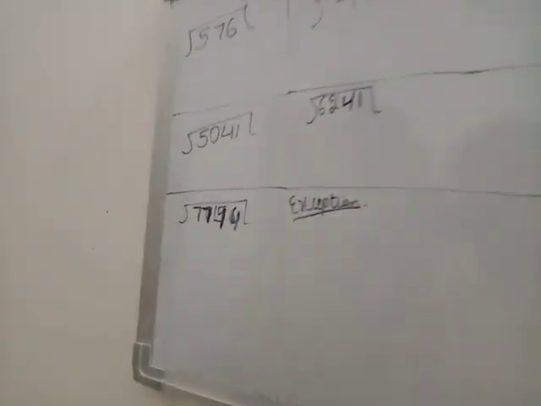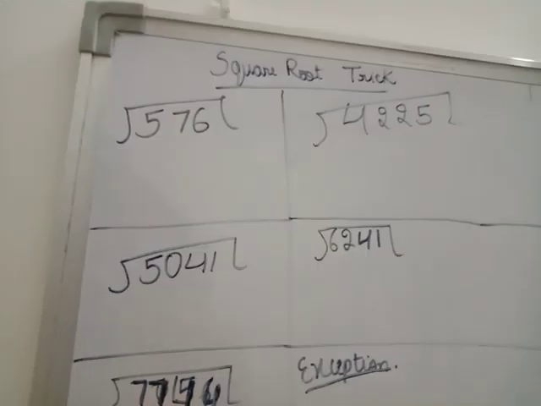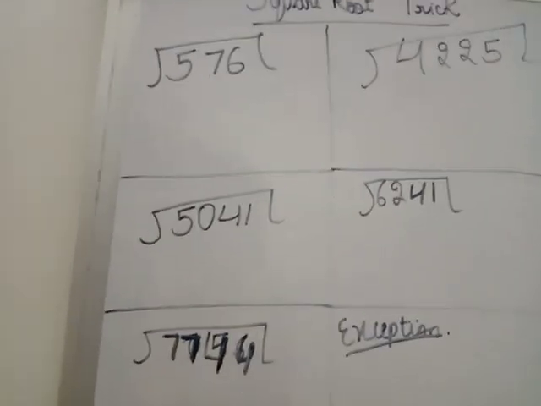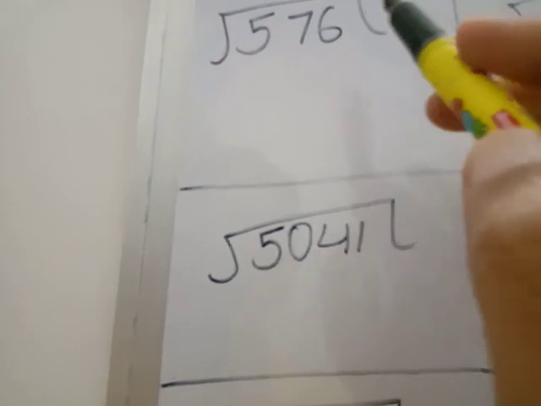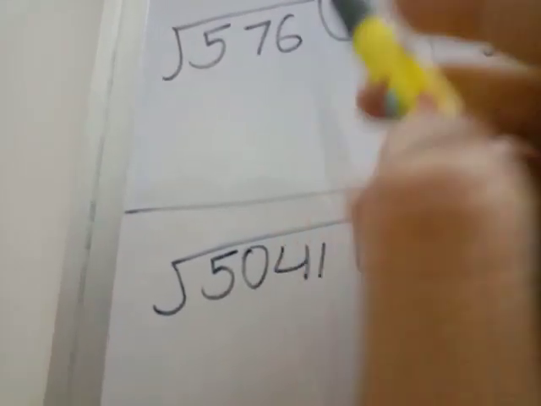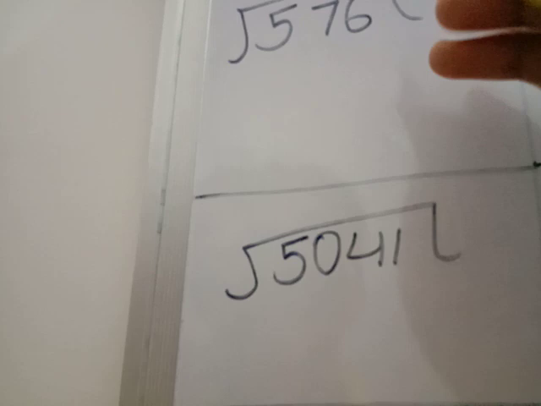Okay, so let's get started with an example, that is 576. Firstly, what you have to do is pair up or group the digits in twos, starting from your right-hand side. So I have paired up the last two digits and grouped the rest of the digits in another group.